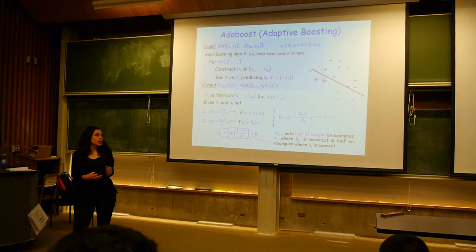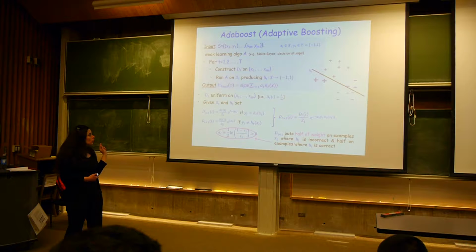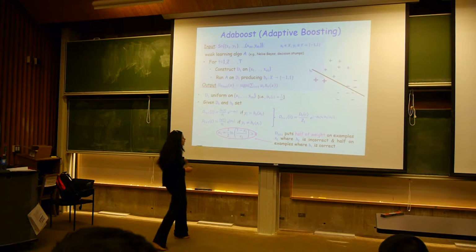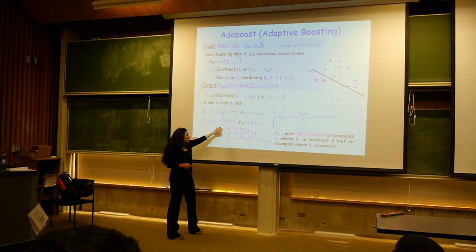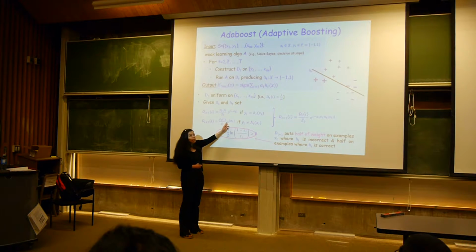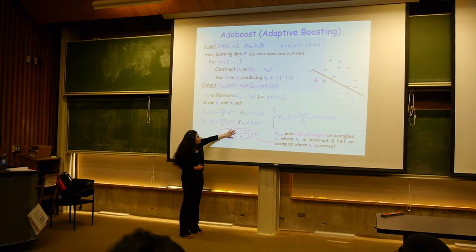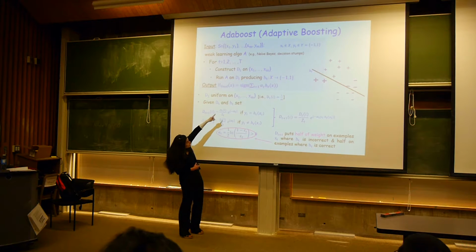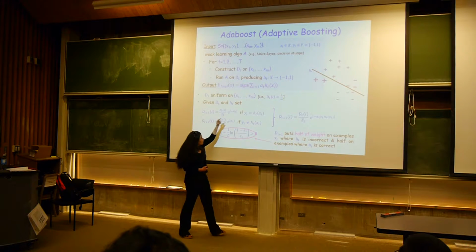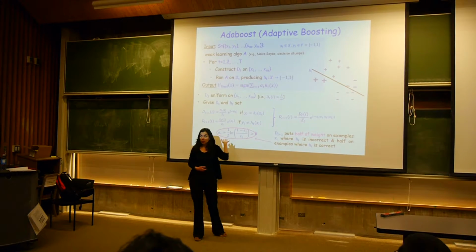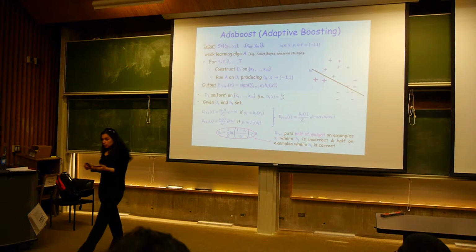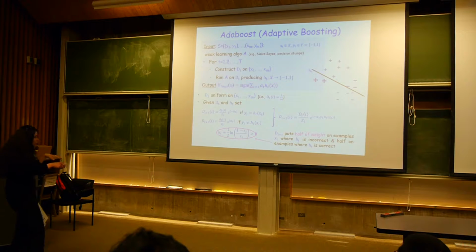And more concretely, if an example is incorrectly classified, then we increase its weight multiplicatively by e to the alpha_t, where alpha_t is appropriately chosen as a function of the error rate of the classifier h_t. And if it's correctly classified, we decrease its weight by the same factor. Okay? And this is the update rule.